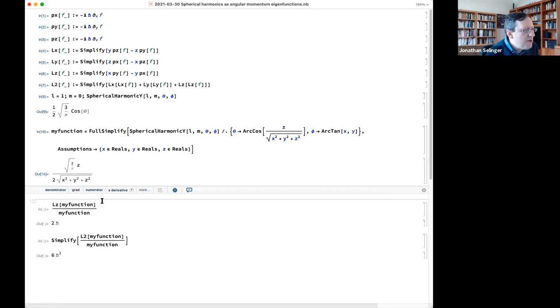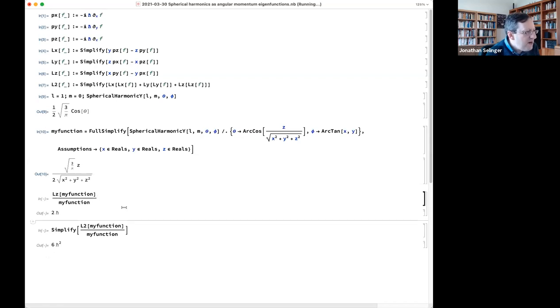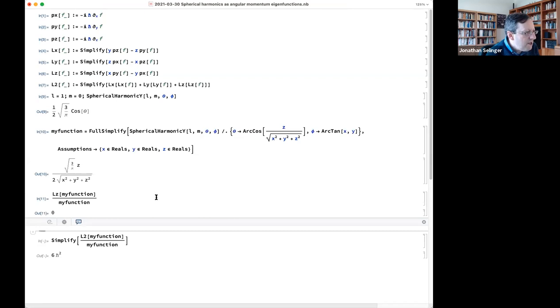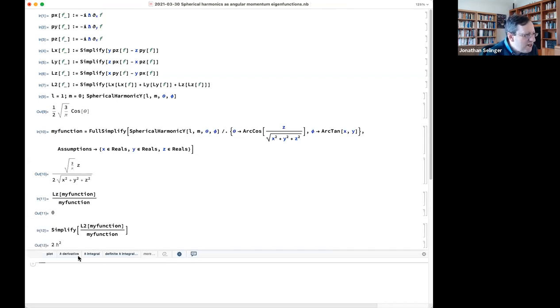If I let Lz act on it and divide by the function itself, that's 0. That's what it was supposed to be, right? Because it's an M equals 0 state. What about if I let L squared act on it and divide by the function itself? Then I get a constant, and the constant is 2 times h bar squared.